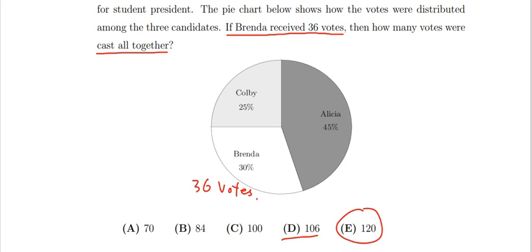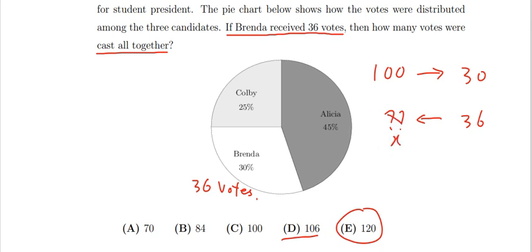We can also calculate this way. Suppose the total is 100, this person will get 30. Now this person got 36, so what is the total? We can regard those problems as a ratio, putting the total as x.